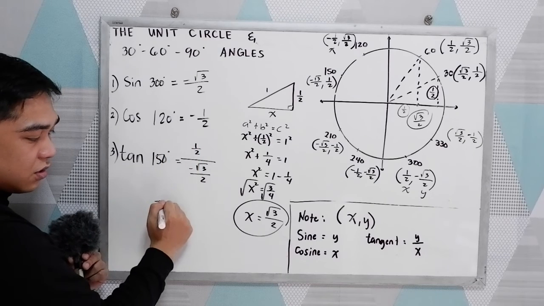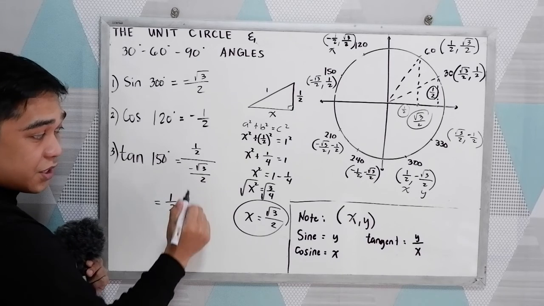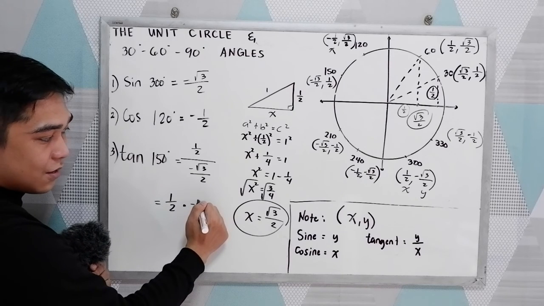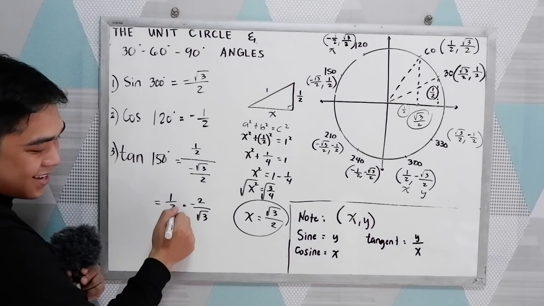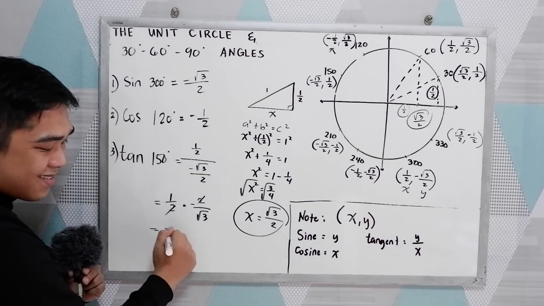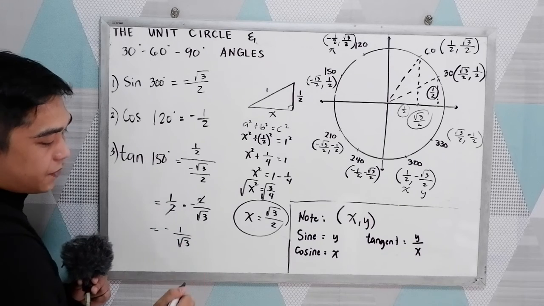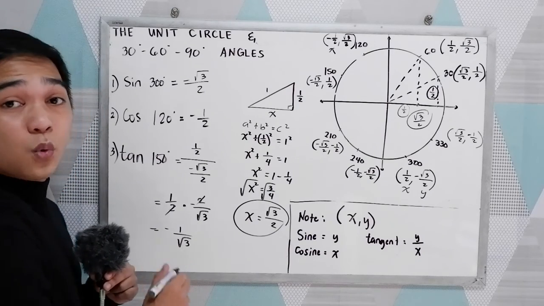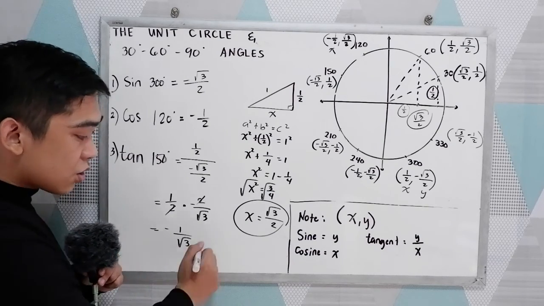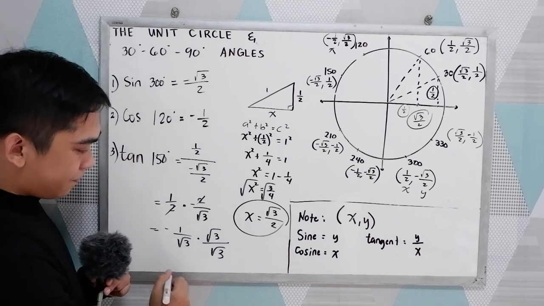Fraction and a fraction, so copy the numerator, which is 1/2, times the reciprocal, negative 2 over square root of 3. Cancel, cancel, so we have negative 1 over square root of 3. Again, to simplify this, there must be no square root in our denominator, so we need to multiply by the conjugate, square root of 3 over square root of 3.